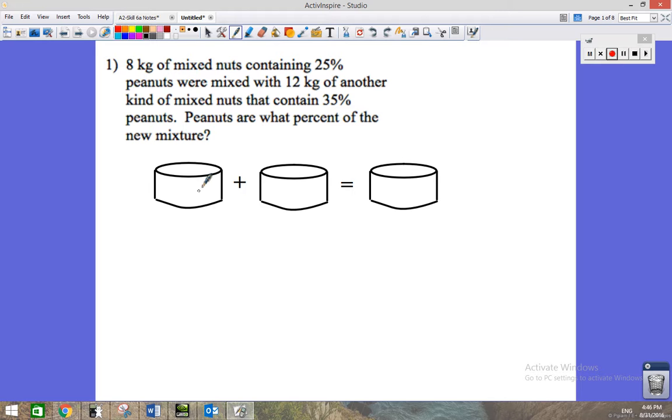So we have this 25% peanuts, and we have 8 kilograms of it. That's its mass, its weight. All right, we have 35%, and we have 12 kilograms of it.